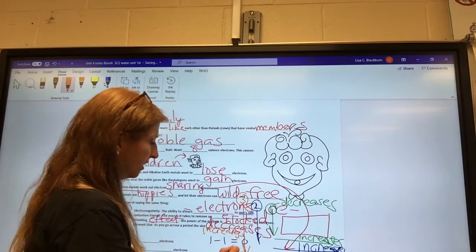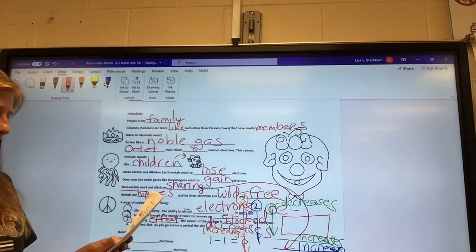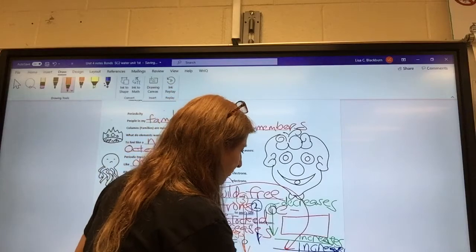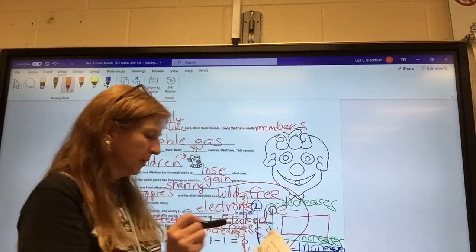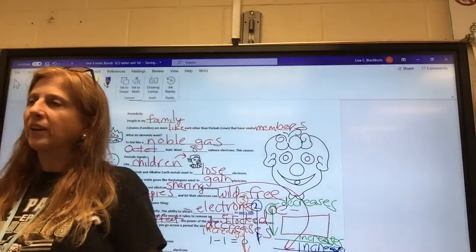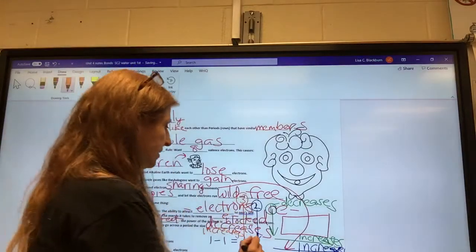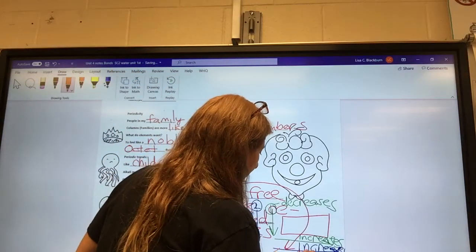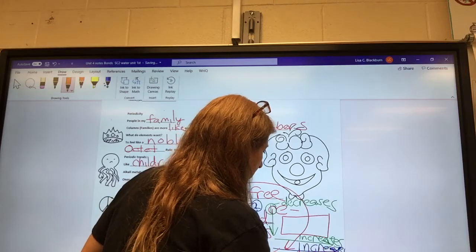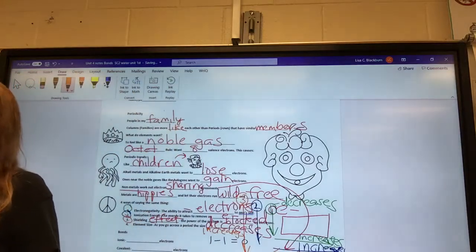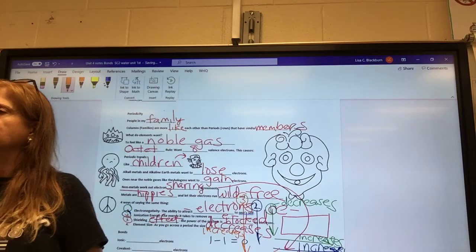You can do this all neat on yours. And as you go across for shielding effect, because they're getting smaller, but they're getting more electrons, there is no change. No change. You can put no triangle. Remember, we can do triangles for change.